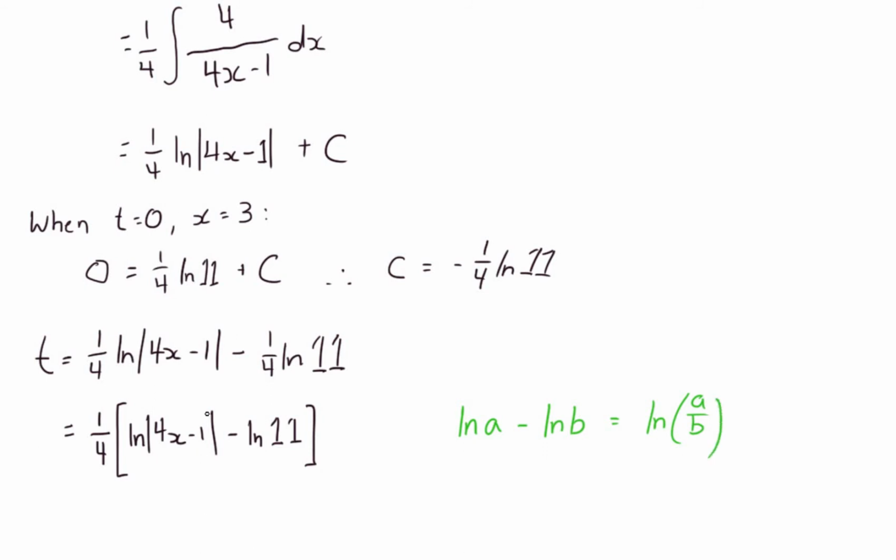Okay, so we can combine these two into just the one log expression, and we're going to have ln. Now we need to still keep our absolute values, for now.